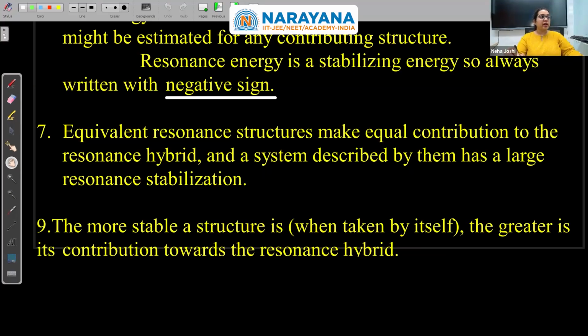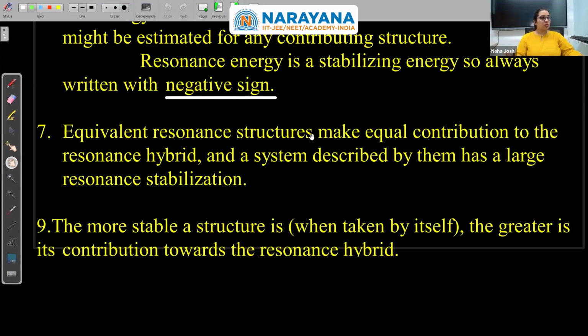They will dominate. Now, what do we mean by that they will dominate? We simply mean that they will affect the properties of the molecule to a larger extent than any other structure. So you will have more number of behaviors or properties of that molecule as compared to others.